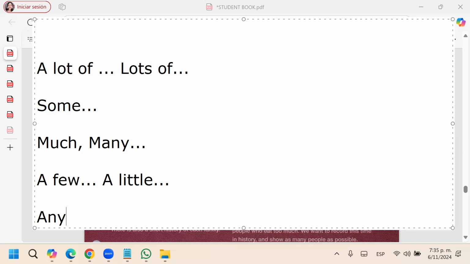We can also say any. Okay? Ahorita que nos vamos a encontrar con la comida, van a haber muchas oraciones con a lot of, lots of, some, much, many, a few, a little, any. Do you understand all of them? Yes. Do you know what's the difference between a few and a little?